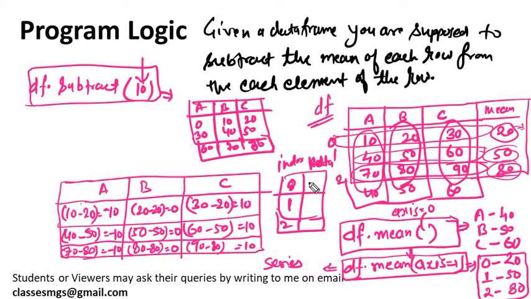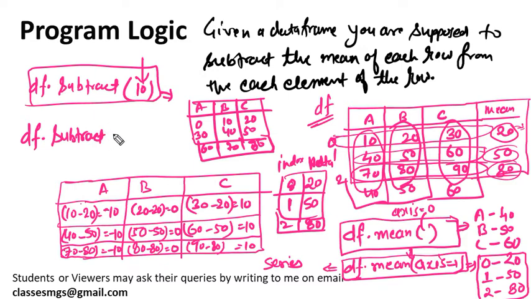So the 0 row mean is 20, the first row mean is 50, the second row mean is 80. Now this data frame also has the row index 0, 1, 2. Then you can directly use df dot subtract.